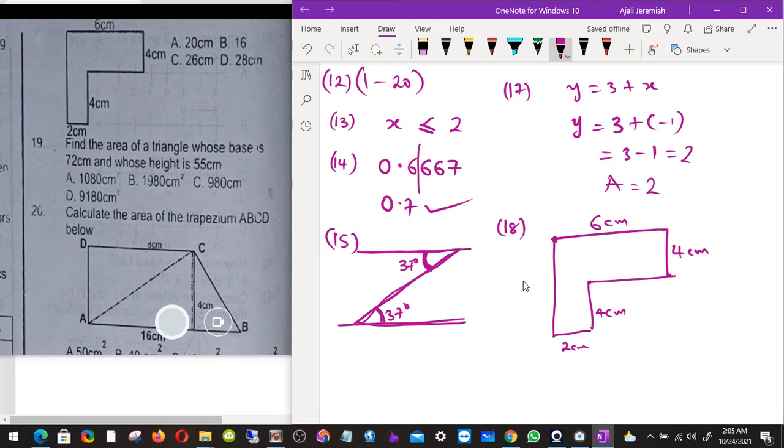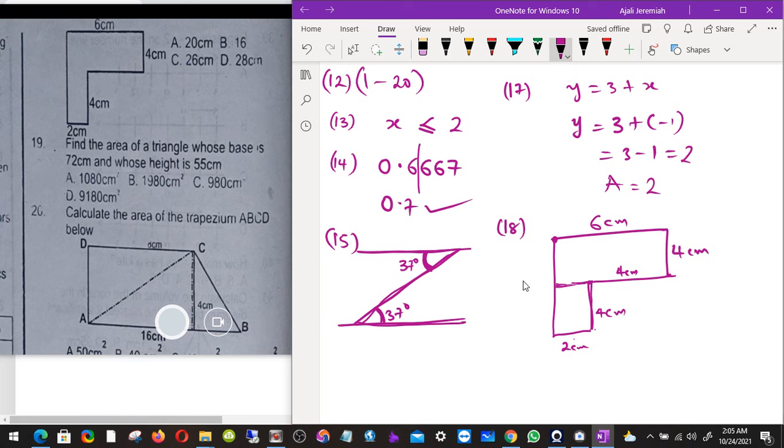If this is 2, and this whole place is 6, which is the same as this whole place, this must be 4, because 2 plus 4 is 6. So we have 6, 4, 4, 4, 2.